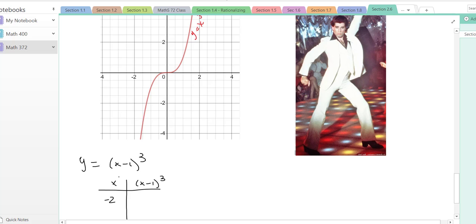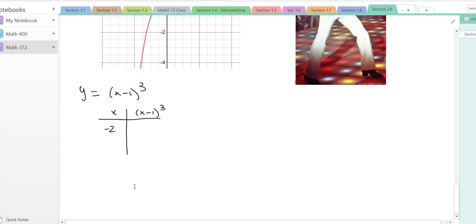If I use my usual values, minus 2, minus 1, 0, 1, and 2, when you plug in minus 2, minus 2 minus 1 is negative 3 cubed. That's going to give us negative 27. Minus 1, minus 1 minus 1 is negative 2 cubed. Remember, when you cube a negative, it stays negative. So this will be minus 8.